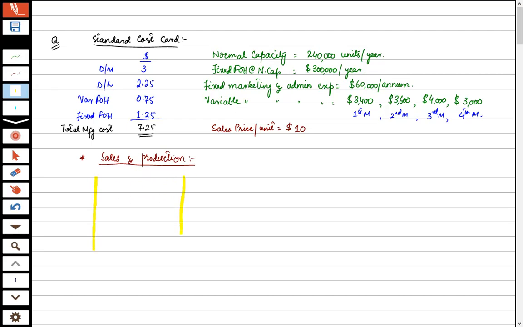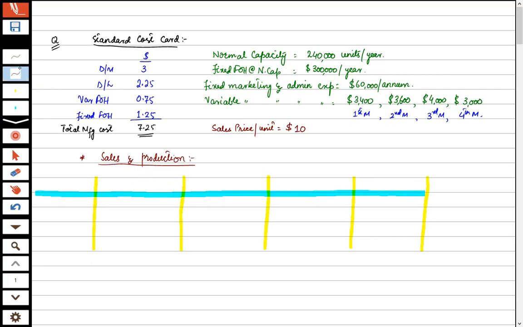Description: first month, second month, third month.